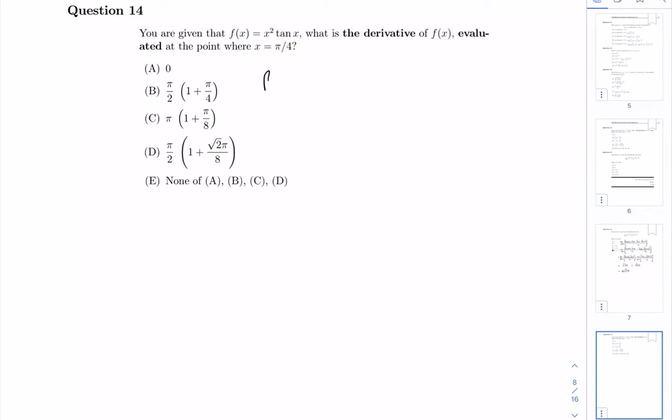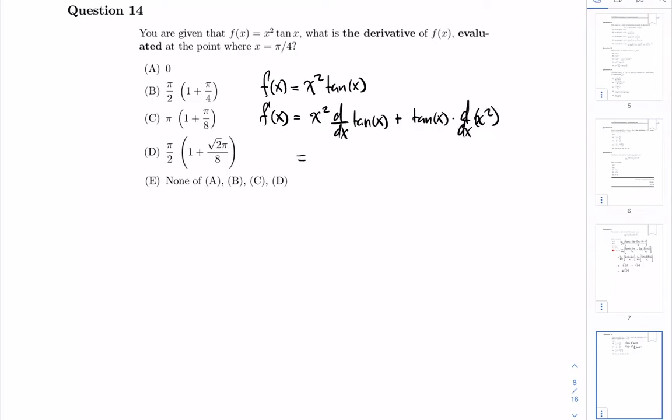I'll find the derivative, and here we must recognize that we have to use the product rule, which says I take the first function and multiply by the derivative of the second function, plus the second function times the derivative of the first function. Evaluating this gives me x squared times the secant squared of x, plus tan of x times 2x.